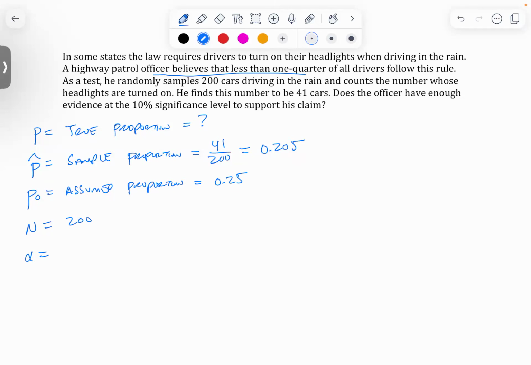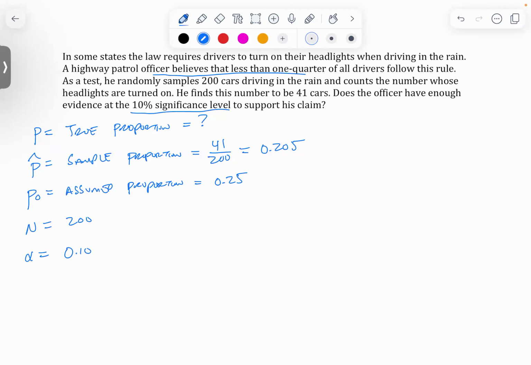And now notice, the significance level here was actually specified. Often it is not. But be aware, this won't be subtle. The only way to say significance level is either significance level, alpha, or alpha level. So it's very explicit. In this case, 10%. So this one, we actually were given one.